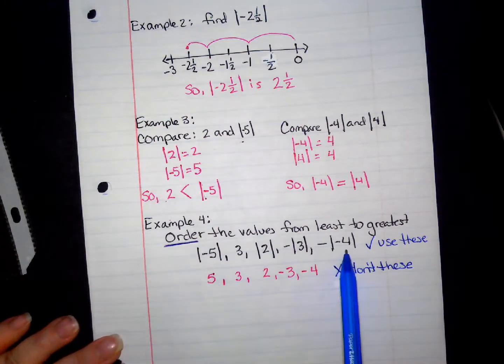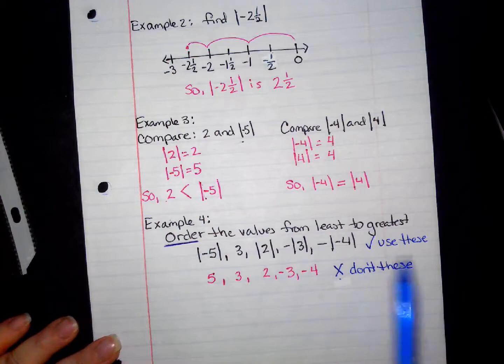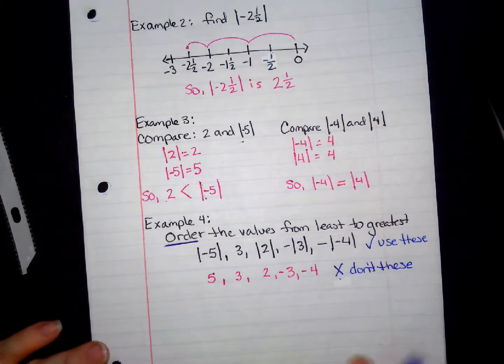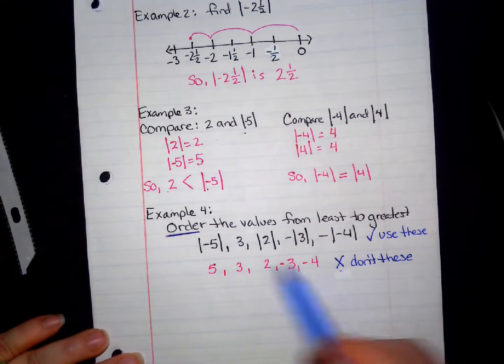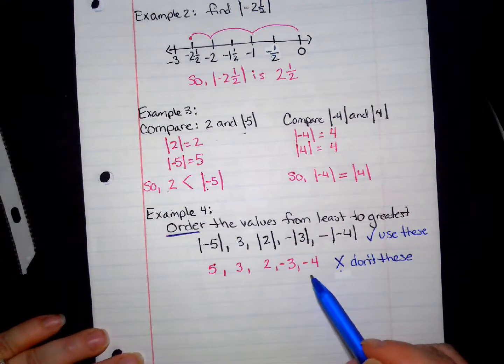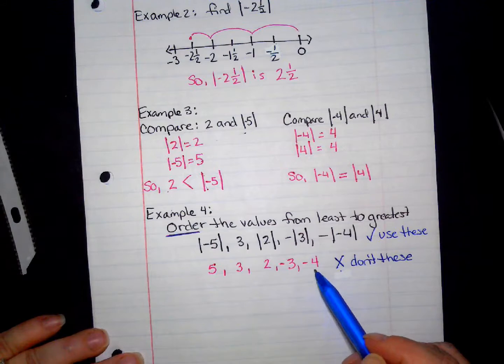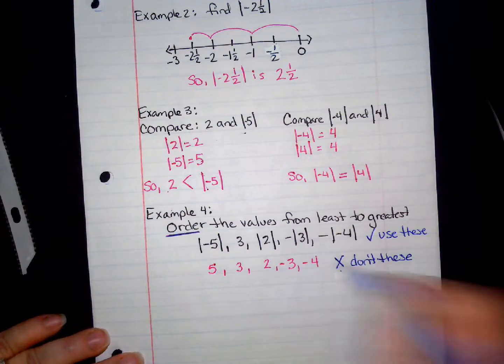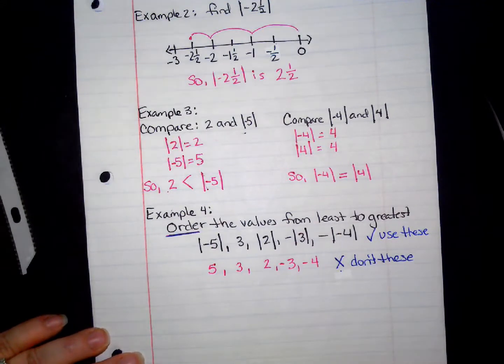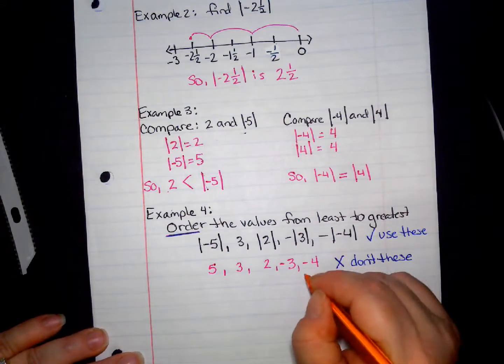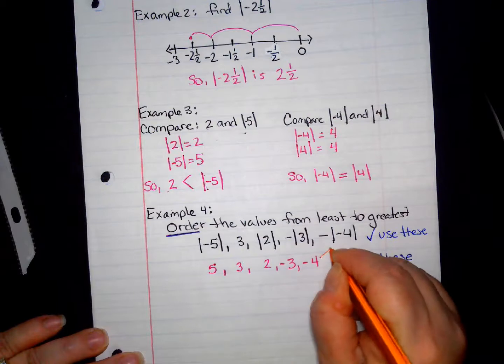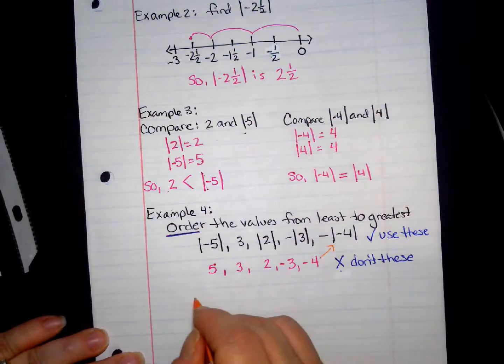So in order to do that, we're going to look at these numbers and say, okay, which one is the lowest? The lowest is, let me use a different color again. The lowest is this. So my lowest number is -4.